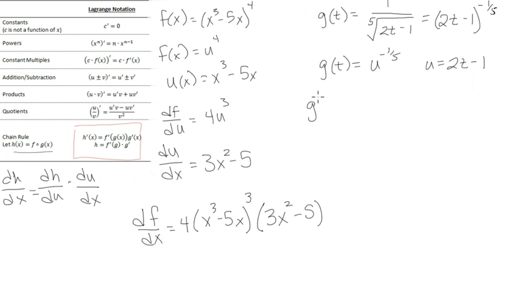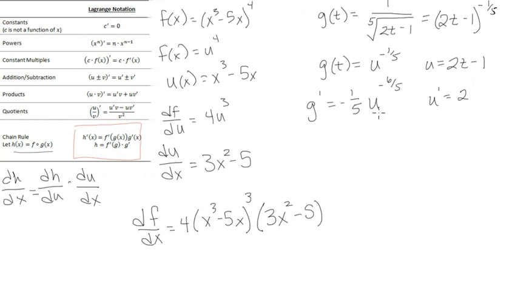I get that g prime is equal to negative 1/5 u to the negative 6/5. And I get that u prime is equal to 2.